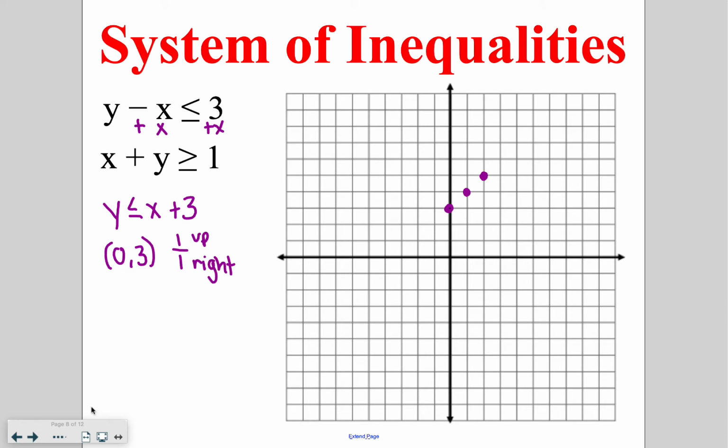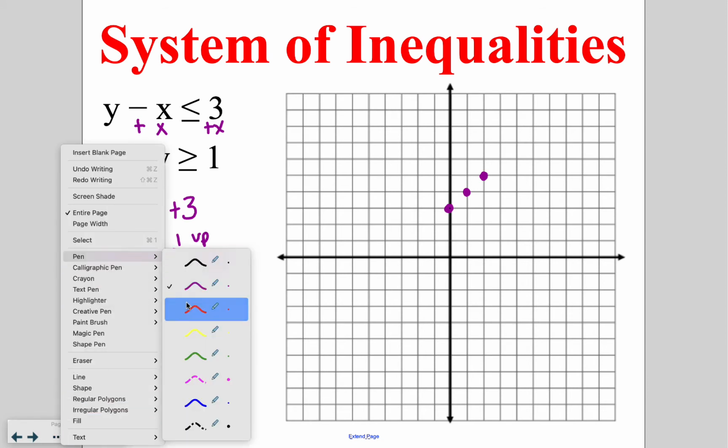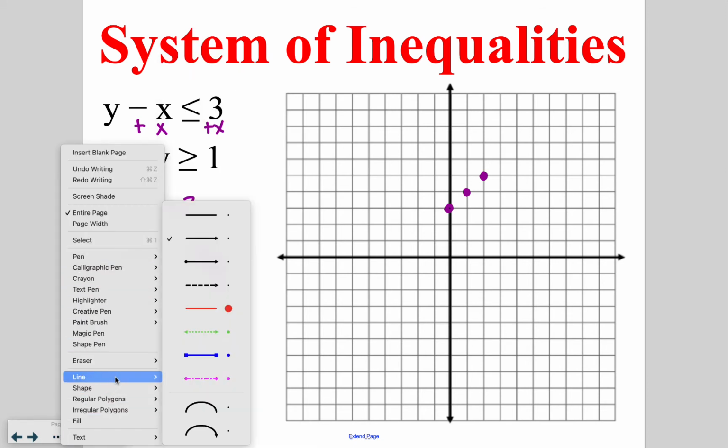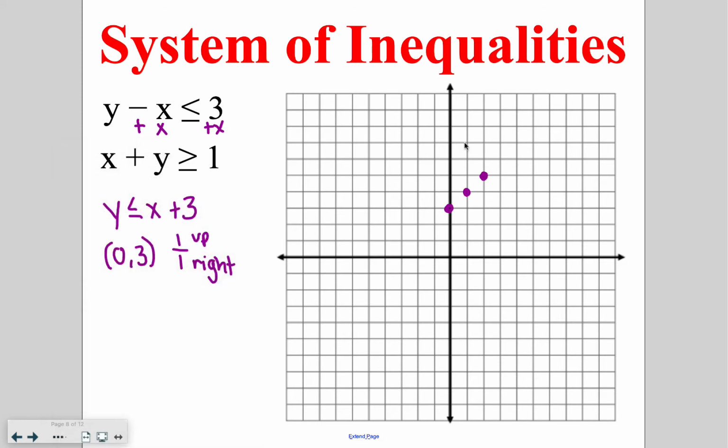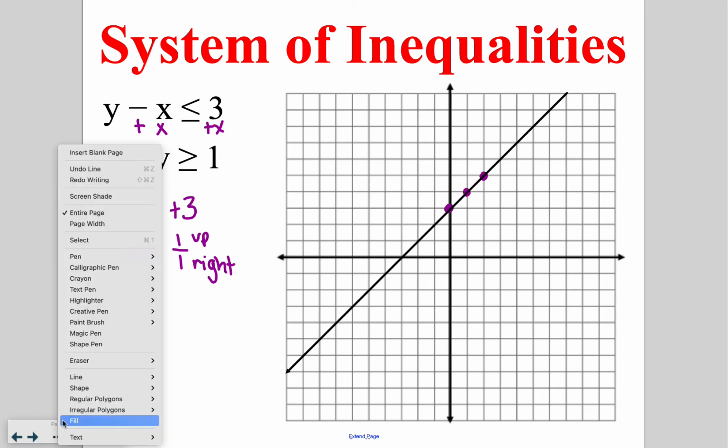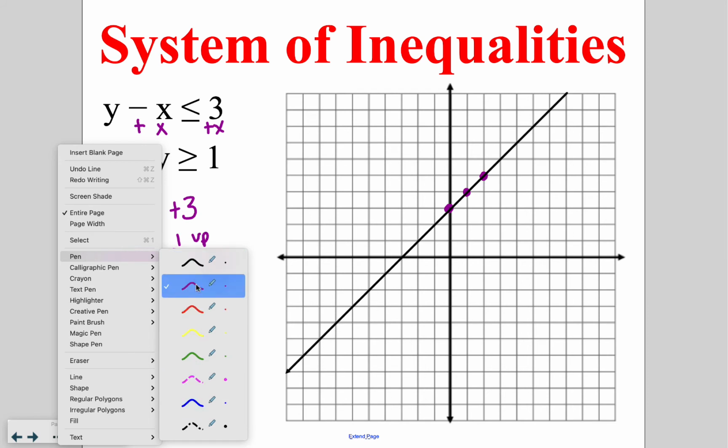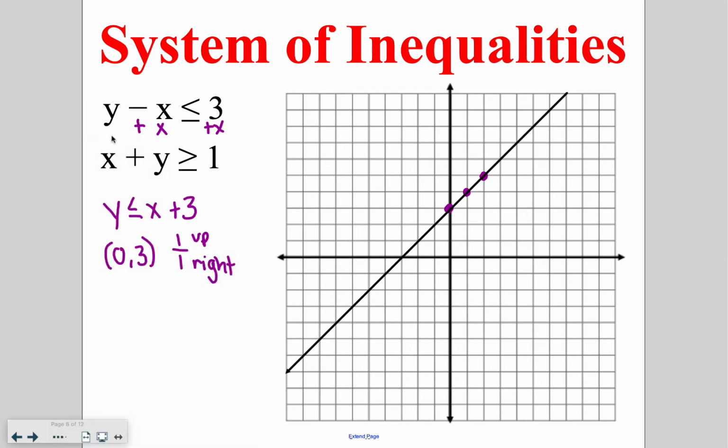I have an equal to sign in my inequality, so that means I am going to use a solid line as I fill this in. And when I graph, I'm going to end up with this line right here. I still need to plug in my test point. Once again, I'm going to pick 0, 0. When I do that, I'm going to plug it back into my original function.